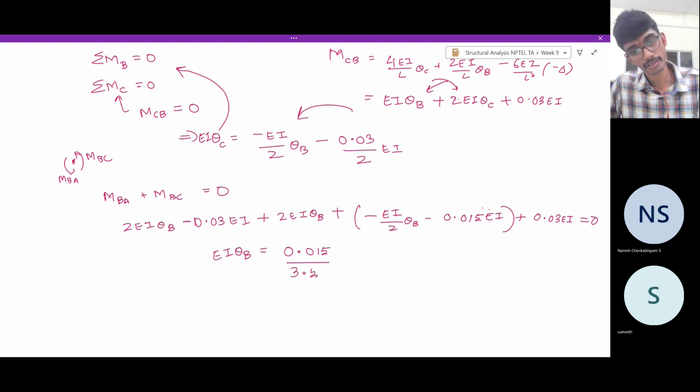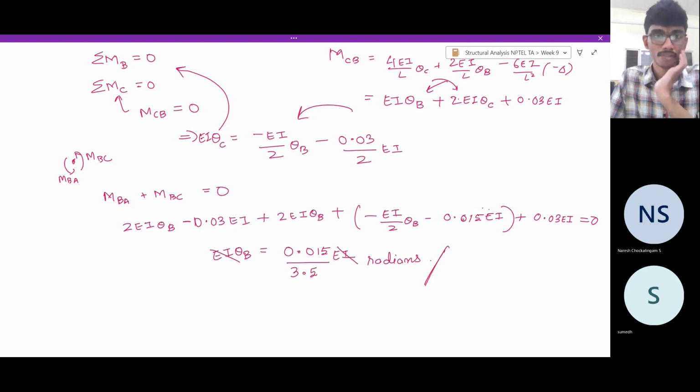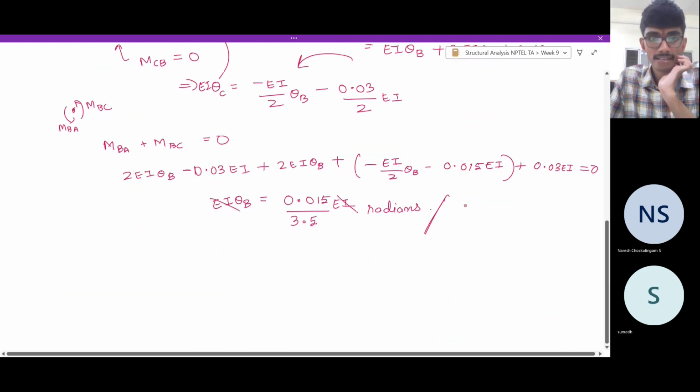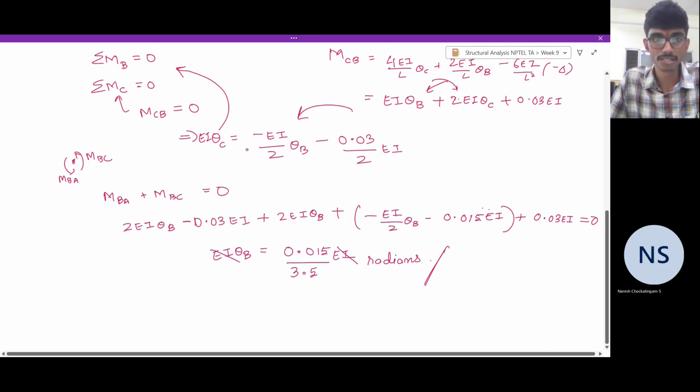You can cancel EI on both sides, so you get the answer in radians. And theta C we have already determined, so just plug it back into this expression, you'll get the answer.